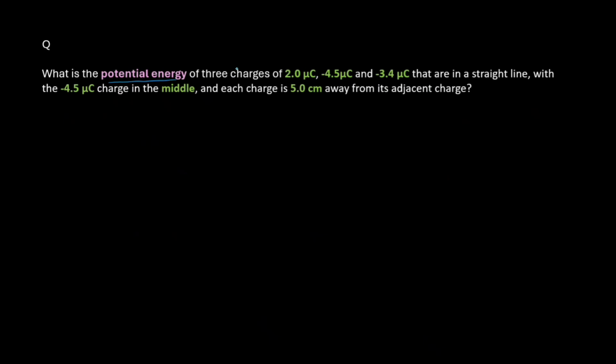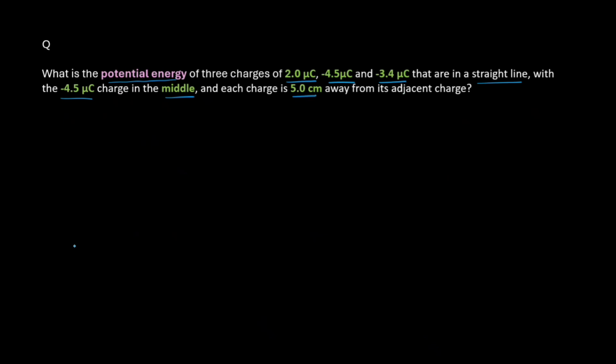What is the potential energy of three charges of 2 microcoulomb, negative 4.5 microcoulomb, and negative 3.4 microcoulomb that are in a straight line with negative 4.5 microcoulomb charge in the middle, and each charge is 5 centimeter away from its adjacent charge?